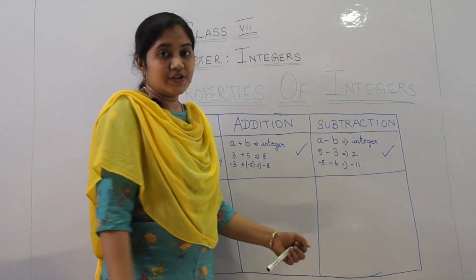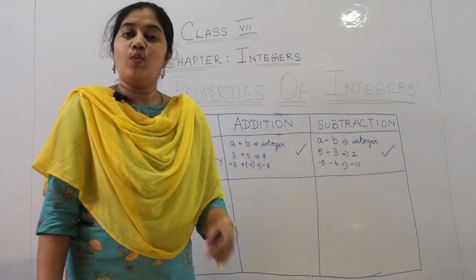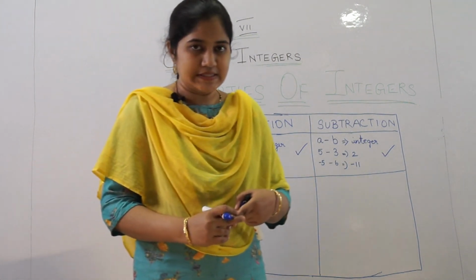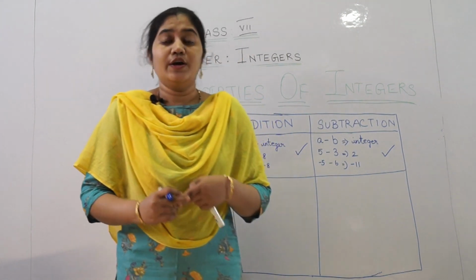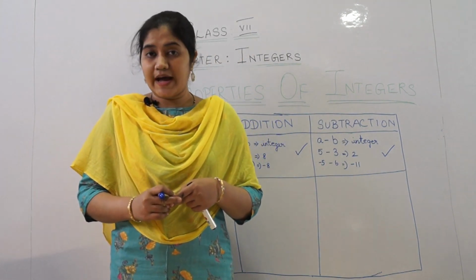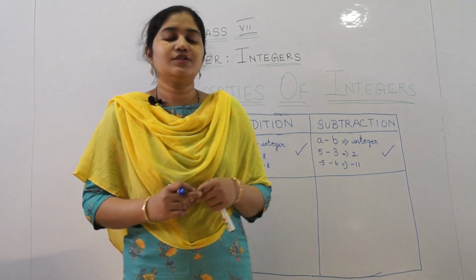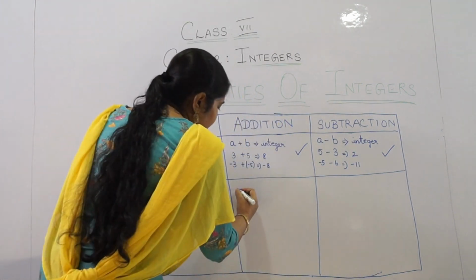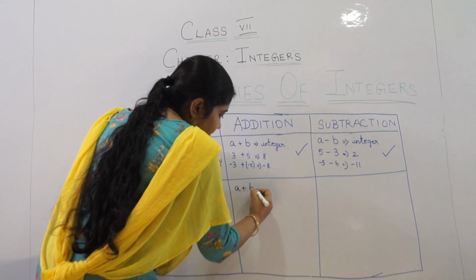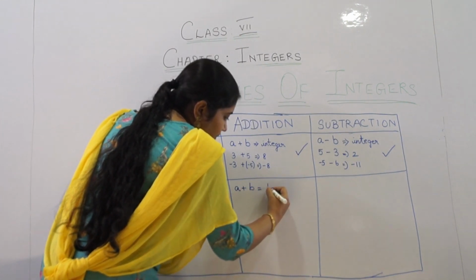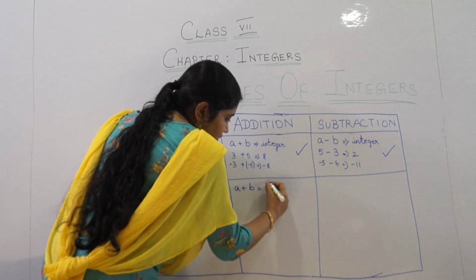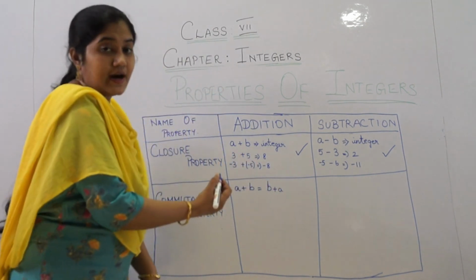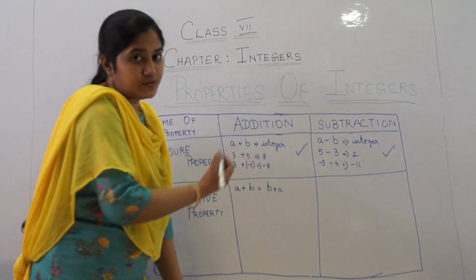In addition, the commutative property means when you have two integers, say a and b, in whichever order you add those two integers, your answer should always remain the same. Now a plus b should be equal to b plus a. So in whichever order they are added, the result should be the same.